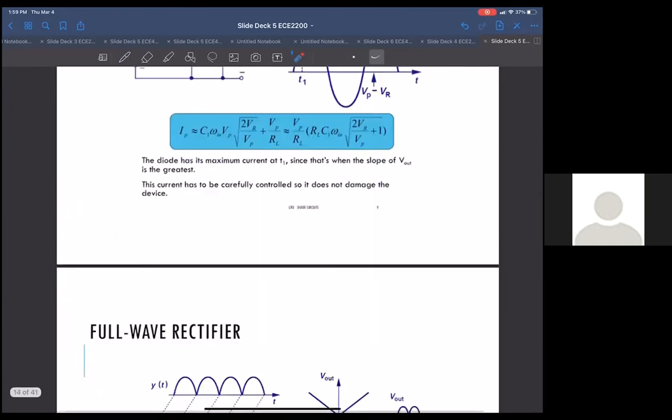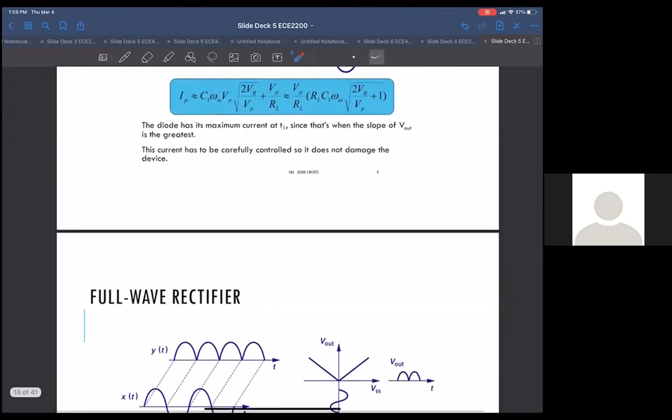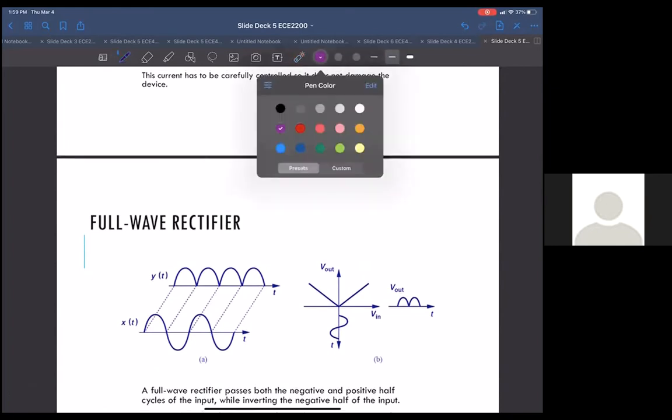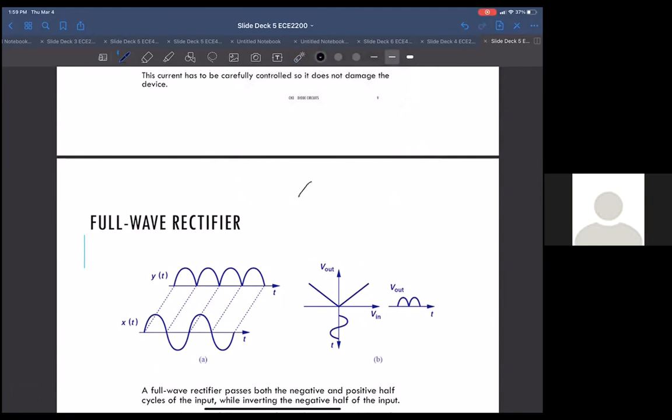Okay, so that was the half-wave rectifier, which was cool. But I think Loy asked this several lectures ago: it seems kind of wasteful that our input has these 2 cycles and we're just using half the cycles.